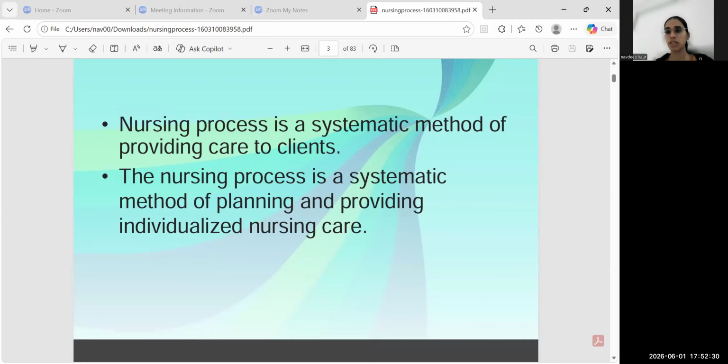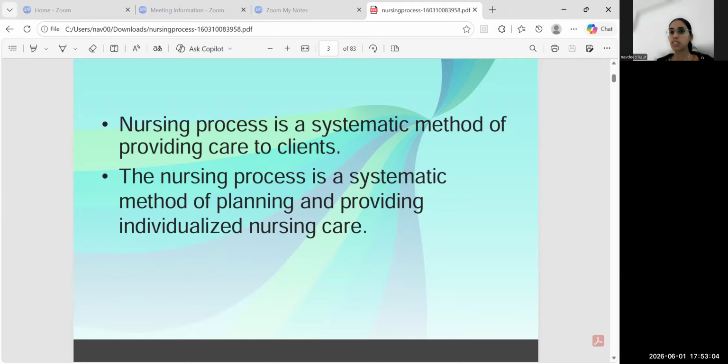For example, firstly we do the assessment of the patient, and after that we do the planning according to the patient's needs, and then we follow the different steps of the nursing process, that is the diagnosis and nursing implementations, interventions, and at last we need to do the evaluation of the process, whether whatever we do, can we do the best possible things for the patient so that we can maintain the health of the patients.